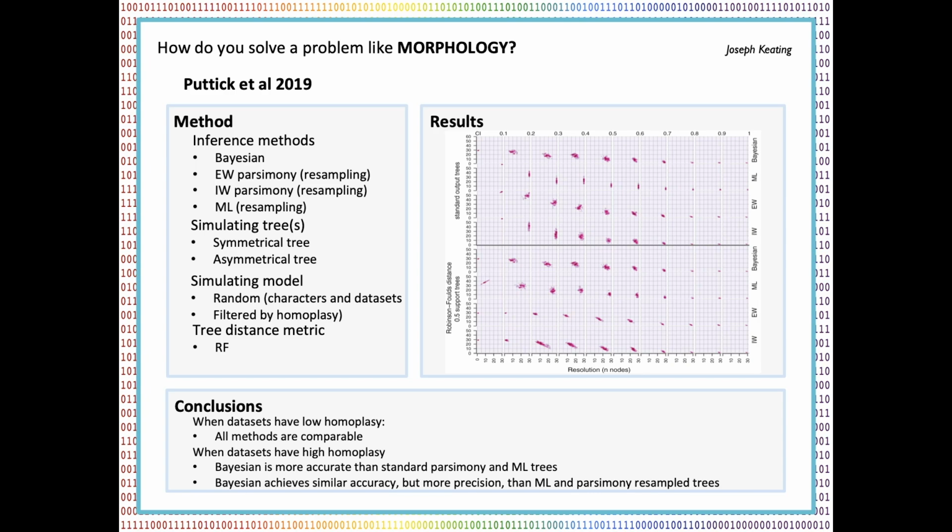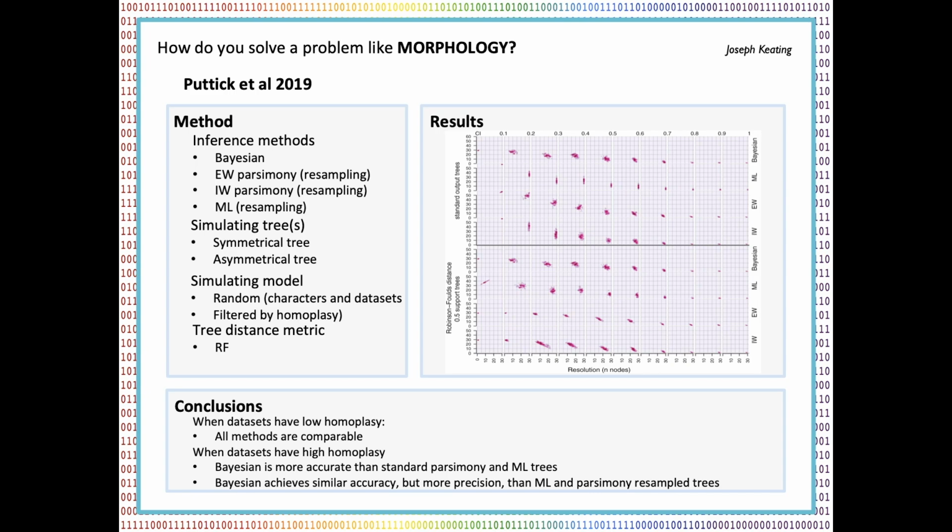Pathak and colleagues responded to Golubov's criticisms in a 2019 paper. Firstly, they pointed out that Golubov's realistic datasets were actually heavily skewed towards characters with low homoplasy, which may have biased his results in favour of implied weighting parsimony. They simulated data using a procedure analogous to Golubov's method and filtered the datasets by their homoplasy.